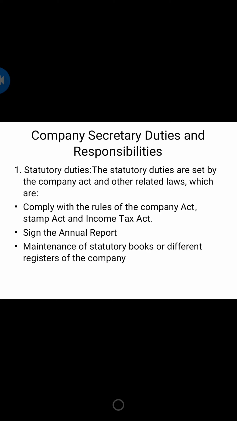It is a duty of the company secretary to prepare and maintain the statutory books. Statutory books are compulsory books, and as per the law or as per the Companies Act, it is a must for the company secretary to prepare and maintain them.